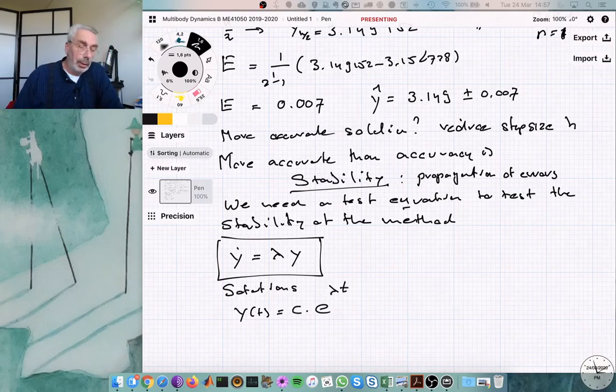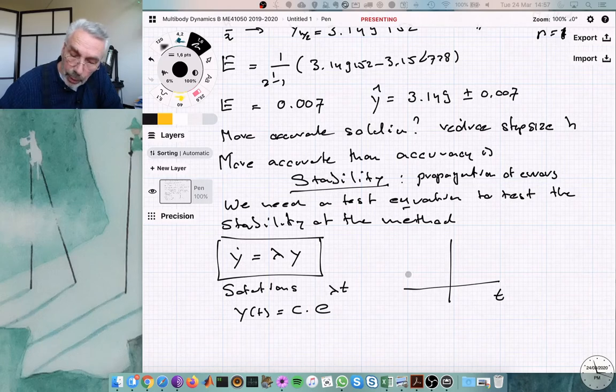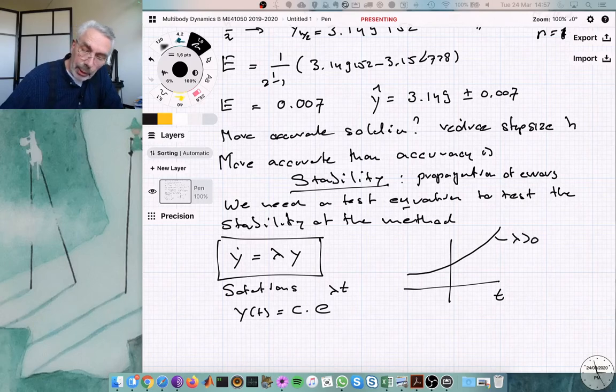That is the solution. Meaning that if you plot that as a function of time, if lambda is positive, then you have these exponentially growing things. And if lambda is negative, you have the exponentially dying things. So this is lambda negative.